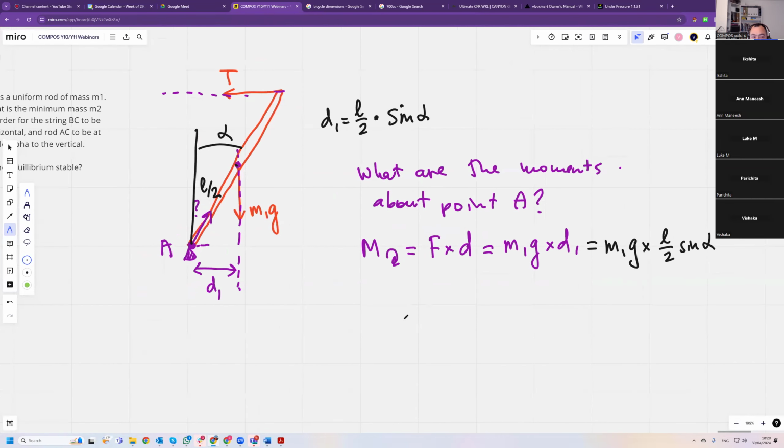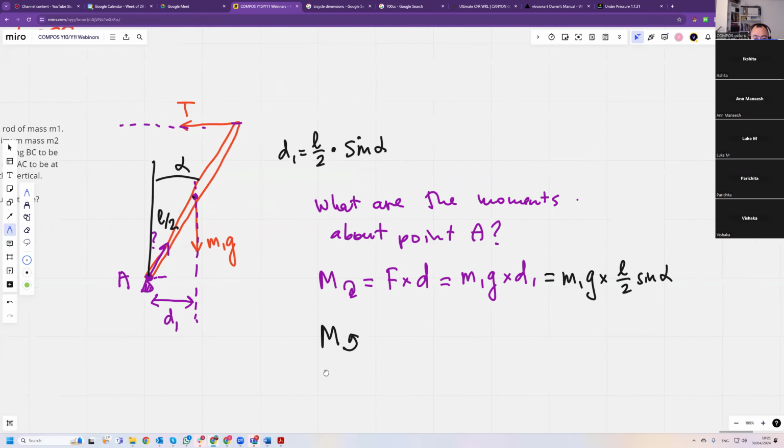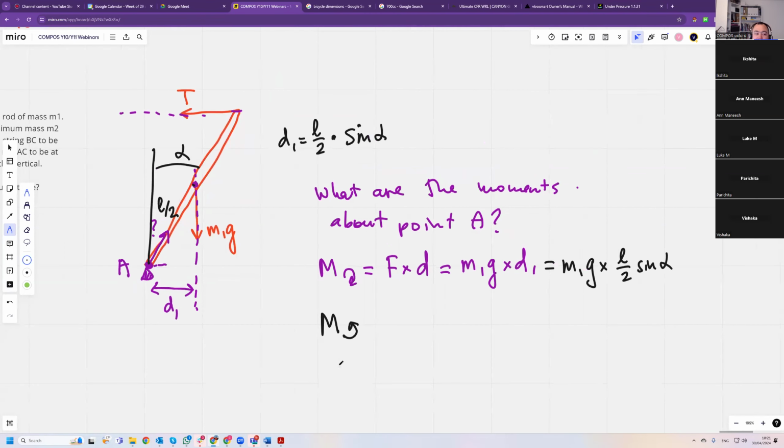Now, which force produces an anticlockwise moment around the pivot? T, yes. There's only two forces.